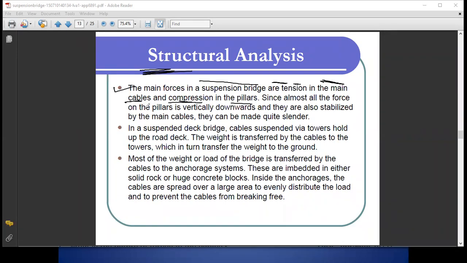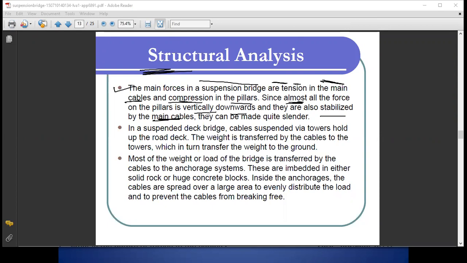So the main force in the cable is tension, and in the case of the pillar or the tower, the vertical support is carried by compression. It is almost like a column, vertically downwards, and they are also stabilized by the main cables.